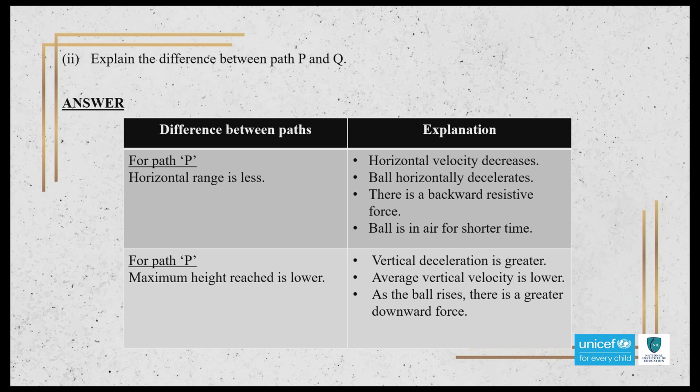So, horizontal range is less. Then the maximum height reached is lower because of downward deceleration. Due to the weight, the body will decelerate, so it will not rise to the same height.